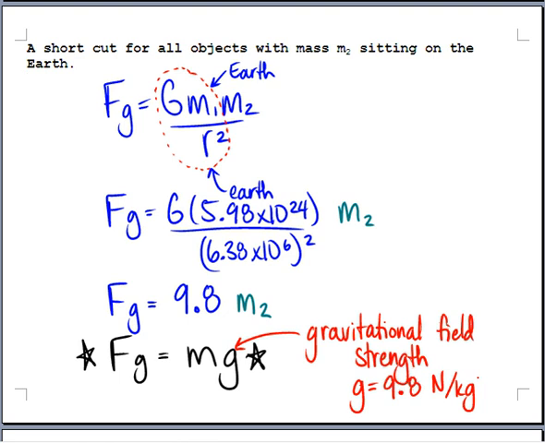Like the moon, for example, the gravitational field strength is about 1/6 of what it is on this planet. So that means if you went up to the moon and you tried to play basketball, and you shot a basketball with the same amount of muscle force, the ball would go 6 times higher. It would travel 6 times further.